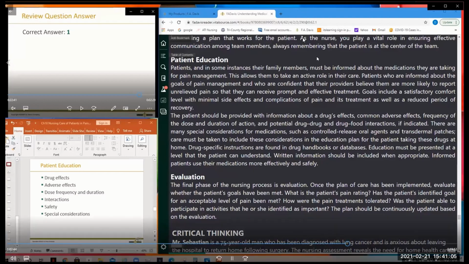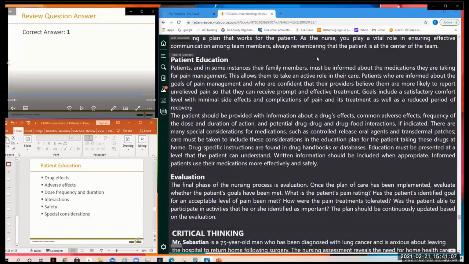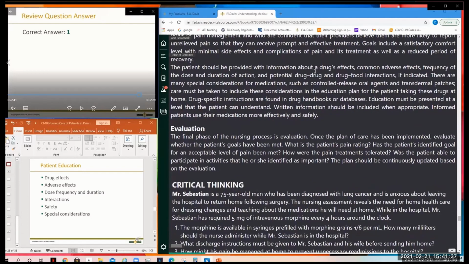Patients who are informed about the goals of pain management and who are confident that their providers believe them are more likely to report unrelieved pain so that they can receive prompt and effective treatment. Goals include a satisfactory comfort level with minimal side effects and complications of pain and its treatment, as well as a reduced period of recovery.